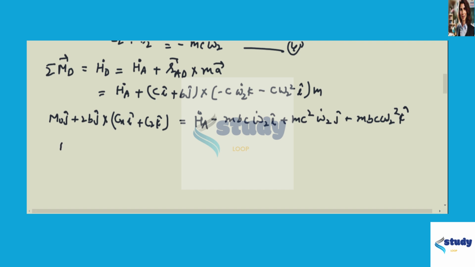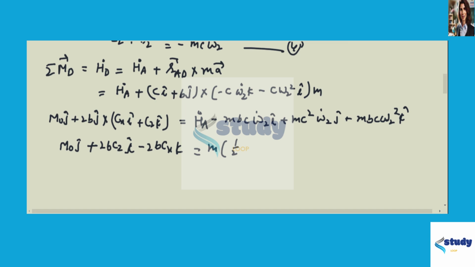So you can write M o j cap plus 2 b C z j cap, 2 b C z, sorry, i cap, minus 2 b C x k cap, equal to m half.